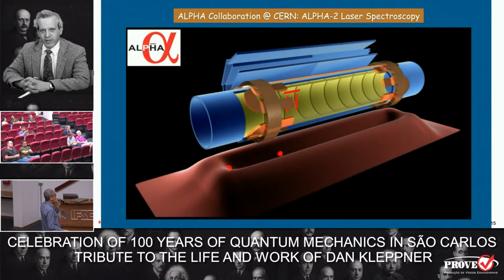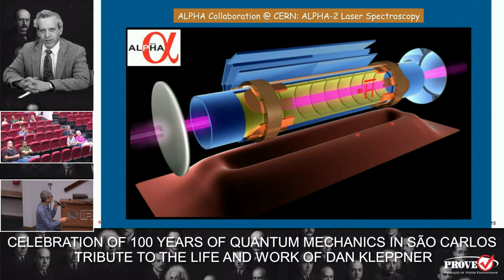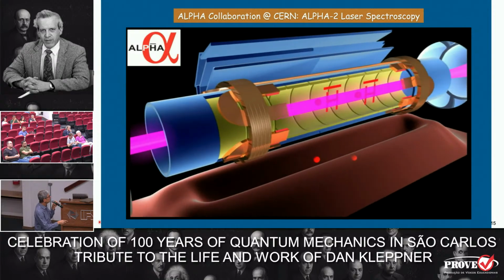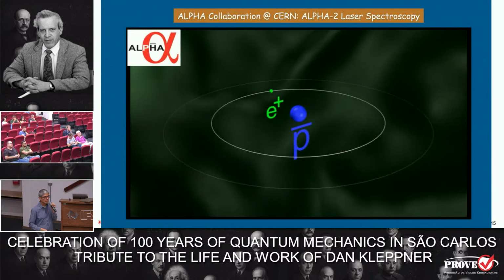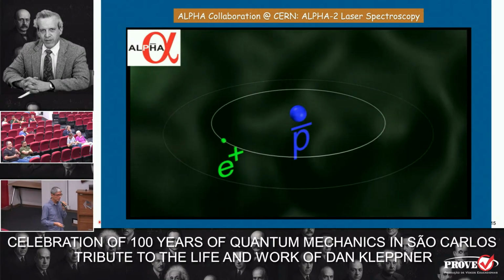Now, we want to do laser spectroscopy, but there is no laser powerful enough for that. So we had to make a cryogenic cavity. Actually, this was made by us in Rio, where we take a laser, the 243 nanometer laser, and we enhance its power to a very high value, okay?